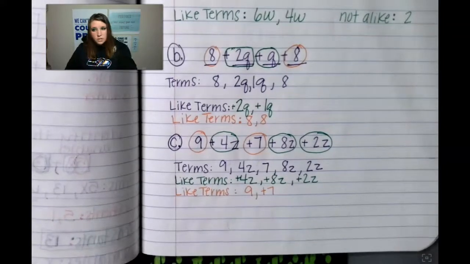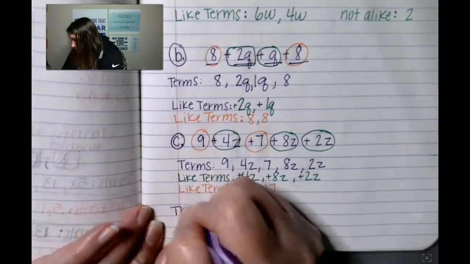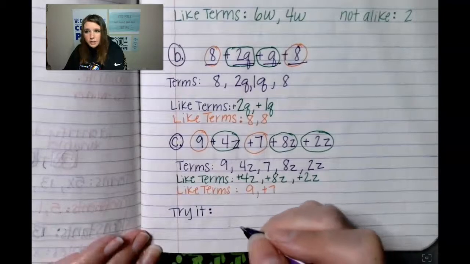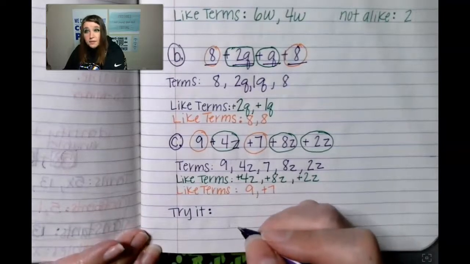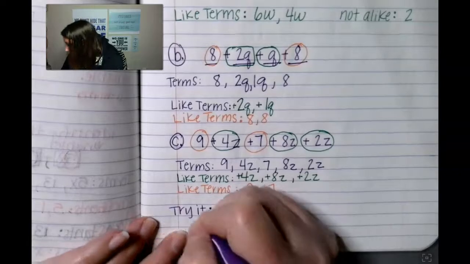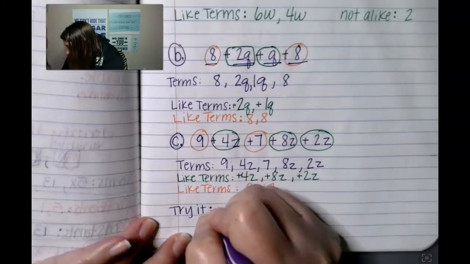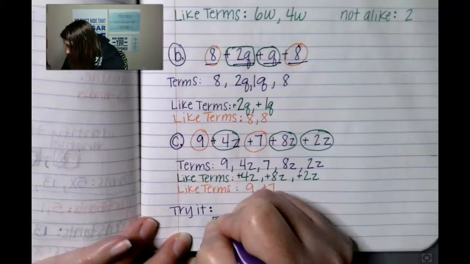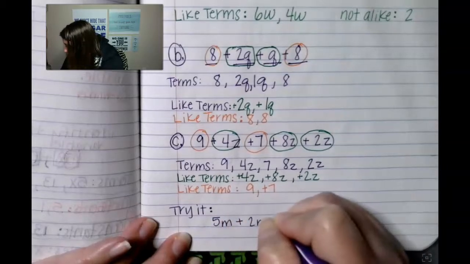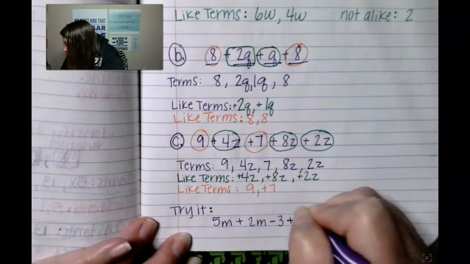Okay, it is your turn right now. We're going to do a try it. All right, on your try it, I want you to first find the terms, and then I want you to find the like terms. Okay, so let's see here. 5m plus 2m minus 3 plus 4.